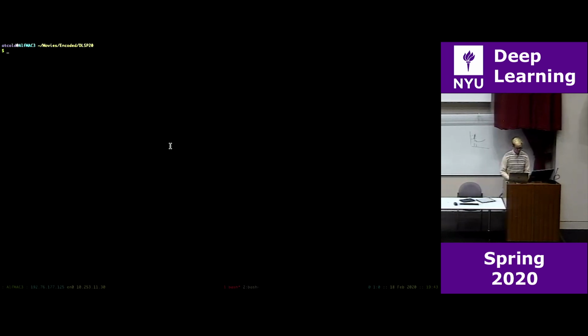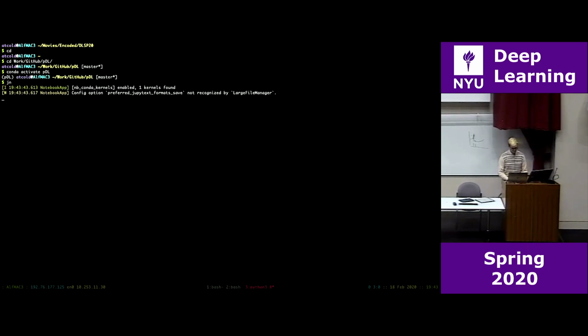So we can do conda activate pytorch-deep-learning, and then let's open the Jupyter notebook.